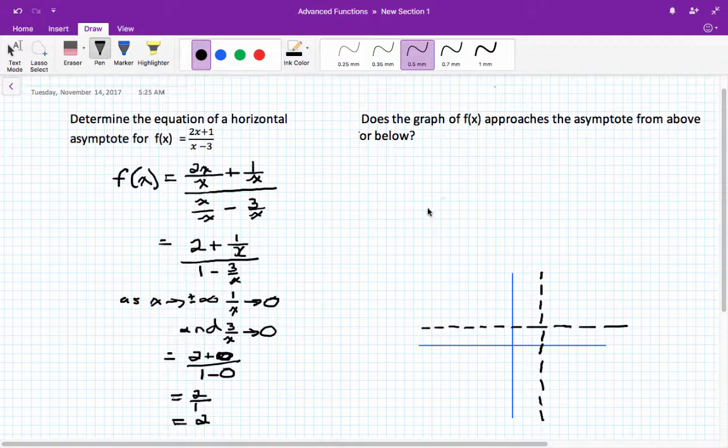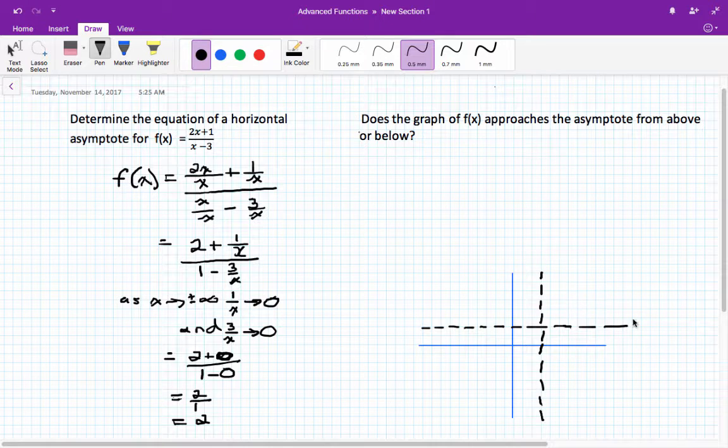And what we can do is if the graph approaches from above, the value of the function, the y value, subtract the equation of the horizontal asymptote, in this case 2.